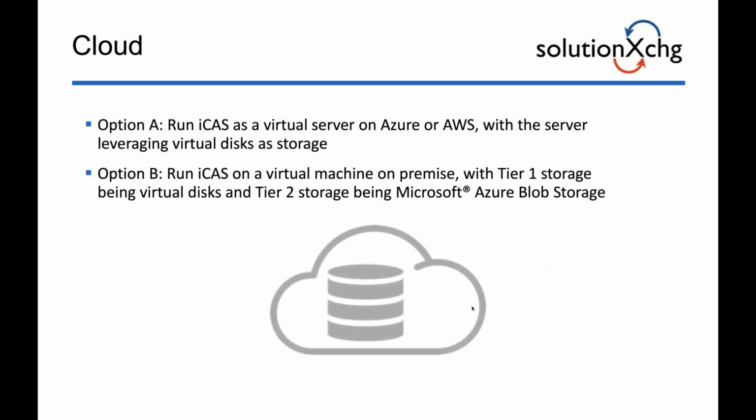You can also leverage the cloud as a storage, as I mentioned. We have two options there where you can run ICAS as a virtual server on Azure or AWS or any of your on-premise object storage solutions that support the S3 interface with a server leveraging virtual disk as storage.